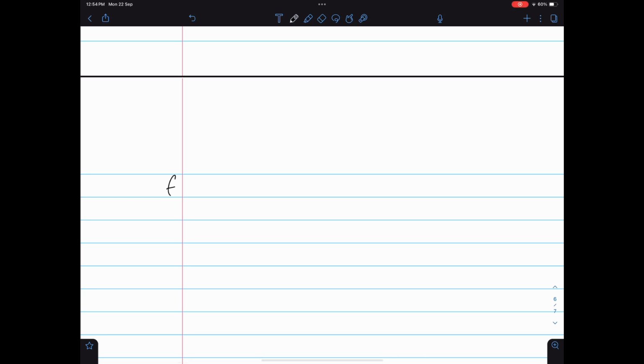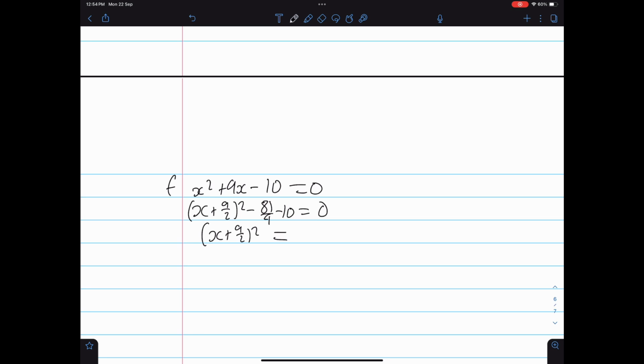If we've got x squared plus 9x minus 10 equals 0. x plus 9 over 2 squared minus 81 over 4 minus 10 equals 0. So this gives us x plus 9 over 2 squared. On the other side, if you subtract away that 10, then you add it to the other side, you'll get 121 over 4.